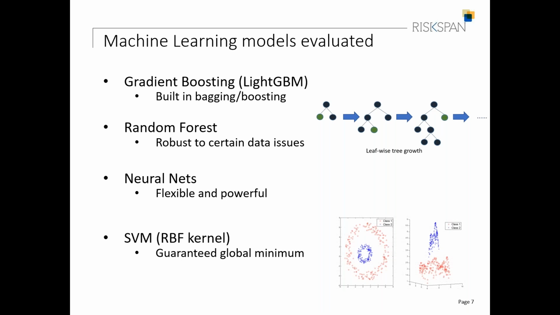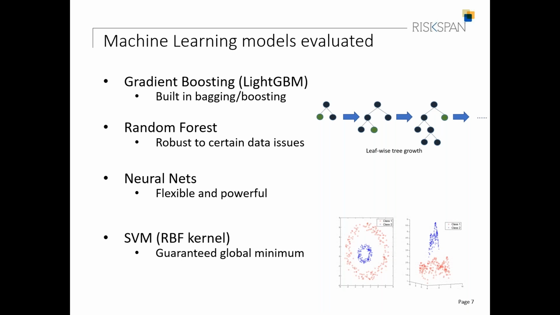These include gradient boosting, which is a very strong technique whereby usually you start with something like a decision tree that's simple. You basically build a tree and then look at the error and then build another tree on that error, which then reduces that error, et cetera, until you get to a specified point.